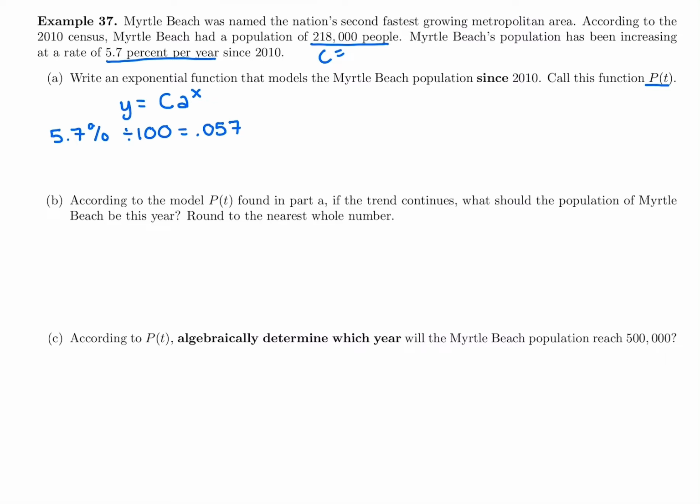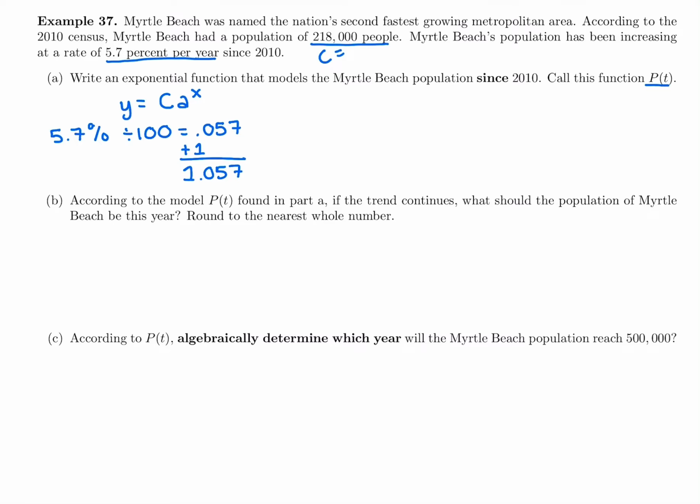0.057. I don't want to take 218,000 and multiply it by just 0.057 because it's going to make it smaller, and the population is supposed to be growing. So to make sure it grows, we're going to add 1, which will take 100% of the population plus that 0.057 growth rate.